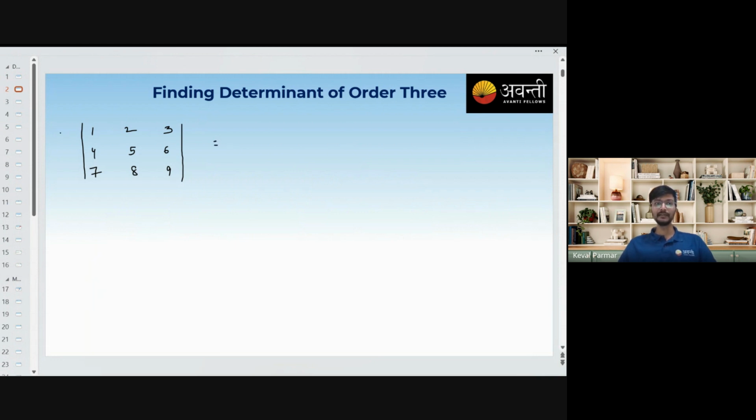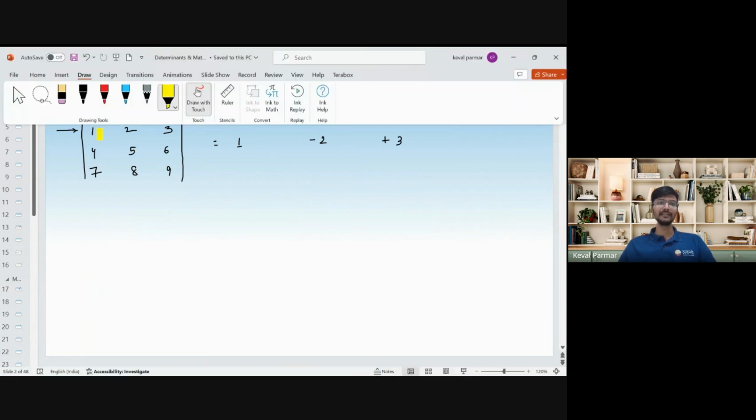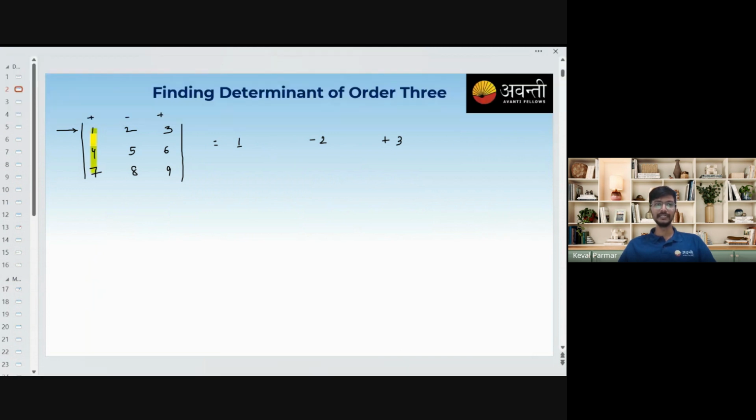We expand along the first row. So we first write 1, 2, and 3, but with alternate plus minus sign. So 1 minus 2 plus 3. After that, we write the cofactors. If I want to write the cofactor of 1, I'll delete the first row and the first column.